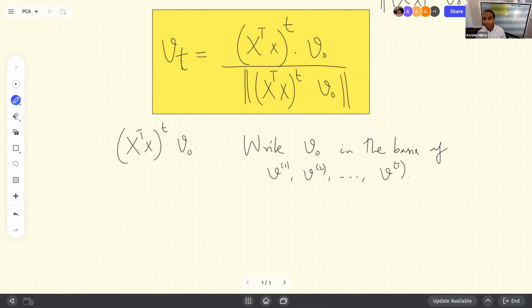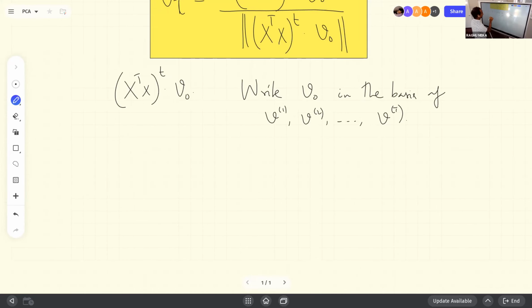Okay, suppose I write it in the basis of the singular vectors. Then V0 is some c1 times v1 plus c2 times v2 plus so on, cd times vd.